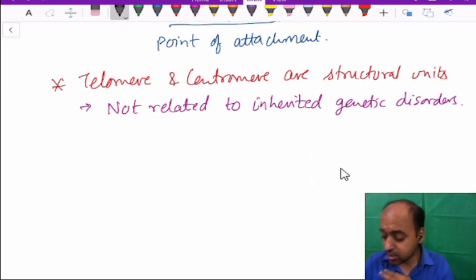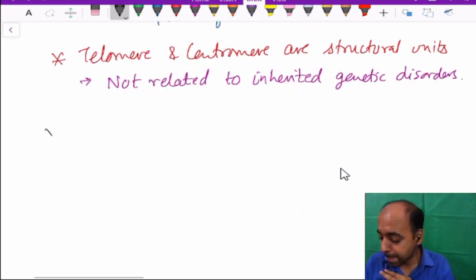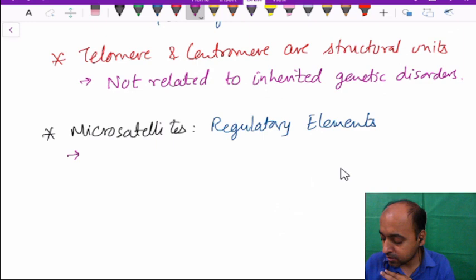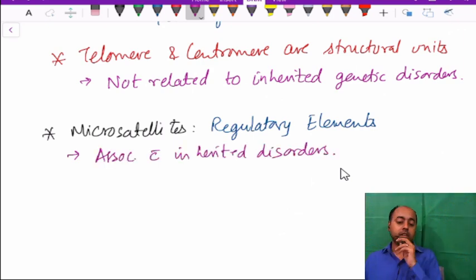In contrast, the microsatellites are regulatory elements. They bind to regulatory proteins, and because of this, they are frequently associated with inherited disorders.